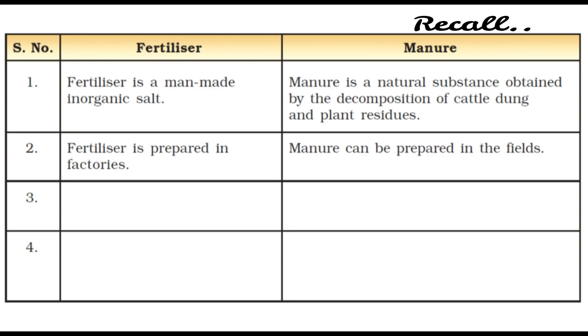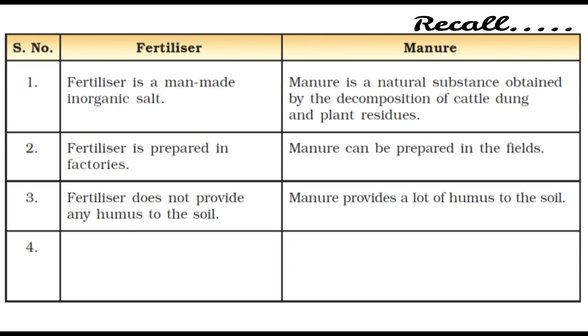Fertilizer, since it's a chemical substance, doesn't provide any humus, because humus means the remains of dead plants and animals together. And humus increases the water retaining ability of the soil.